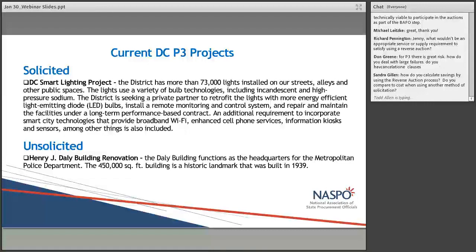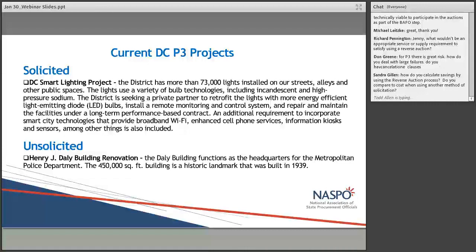I would say anything where you have a single source of supply, where there's only one supplier in the market that can do something. You're not going to have much competition there. But otherwise, I really haven't found something that doesn't apply in 20 years of doing auctions.